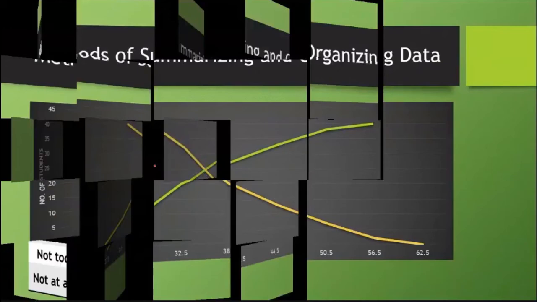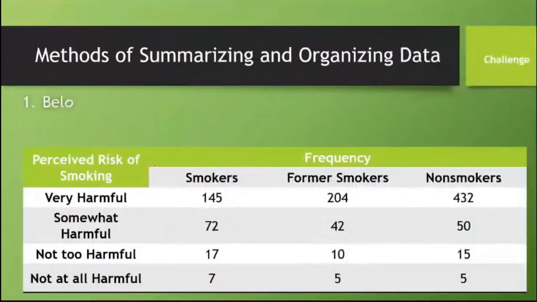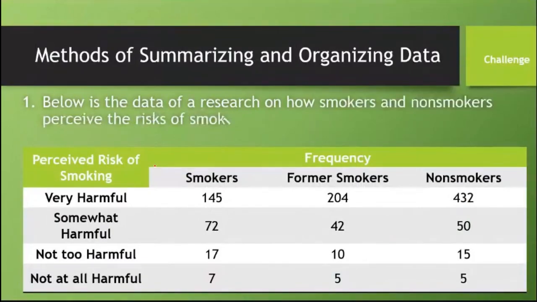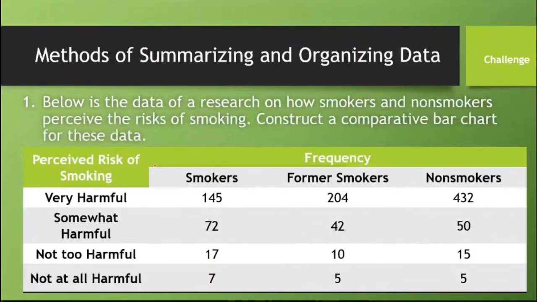Here's a challenge. As I have said earlier, you will have a challenge to construct a comparative bar chart. You will be answering this one in the modules. Just check your modules in Canvas.